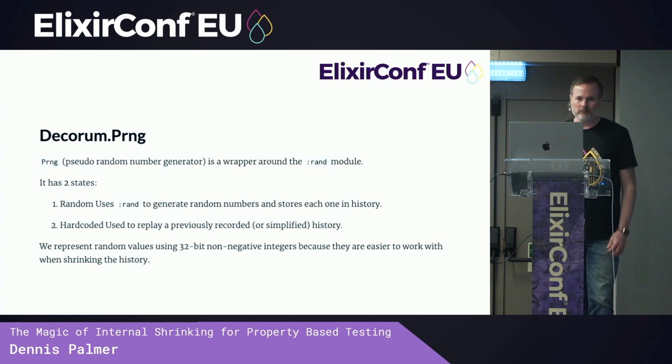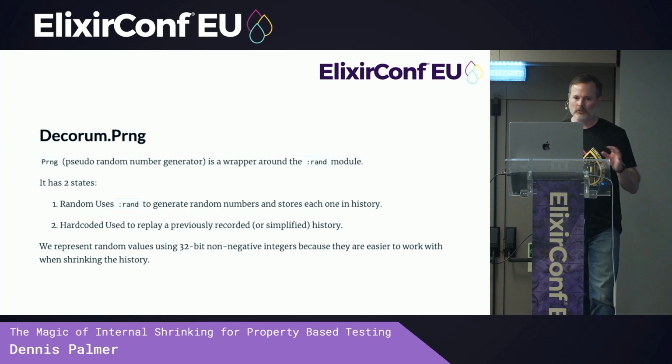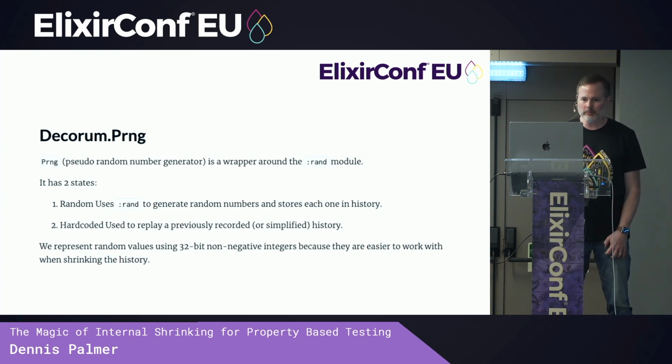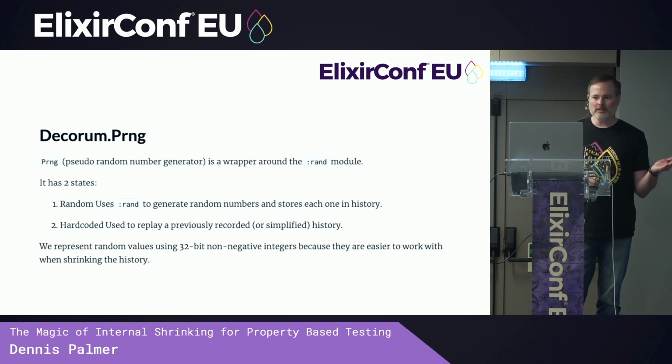We represent the random values as 32-bit non-negative integers because those are easier to work with when we're shrinking the history. And it's what the other implementations of this shrinking have also used.